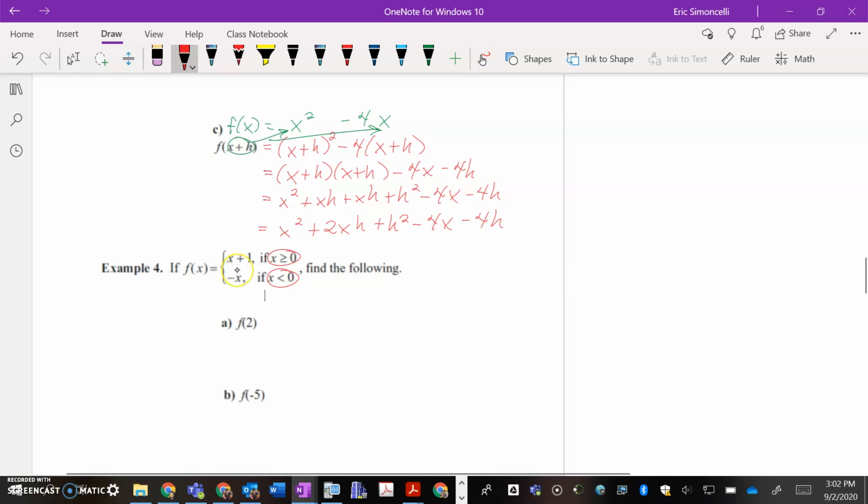So for greater than or equal to 0, x plus 1, you'll use for this piece, because 2 is greater than or equal to 0. So you'll pick the first piece. And for this, x is equal to negative 5, which of course is less than 0. So you'll pick only that piece.